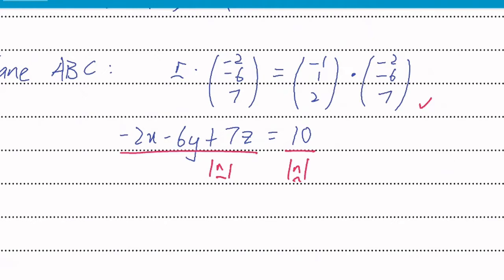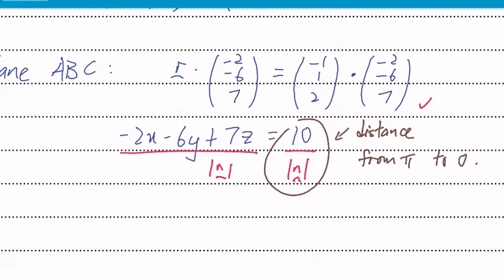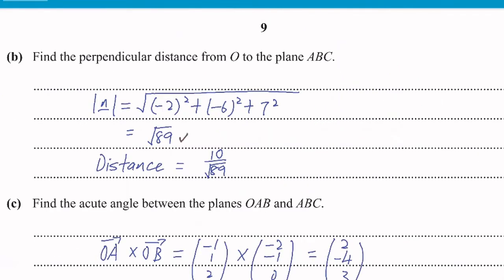When we divide by the magnitude of the normal, the right-hand side is the distance from the plane to the origin. So we just have to do that step. Here, we find the magnitude of the normal, and we divide the right-hand side by it. This gives us the distance very quickly.